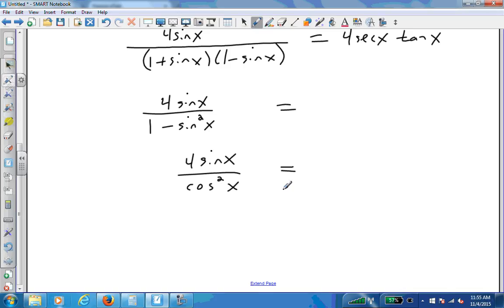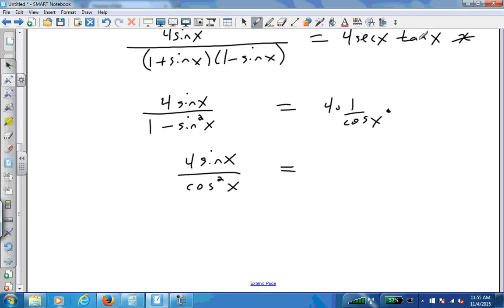Now, if we're clever, we can take this and make it look like the right side. If you see that, good. Let's do that. If you don't see that, though, it might be easier for a lot of us to take the right side and change it to the left side. What is secant in terms of sine and cosine? 1 over cosine.